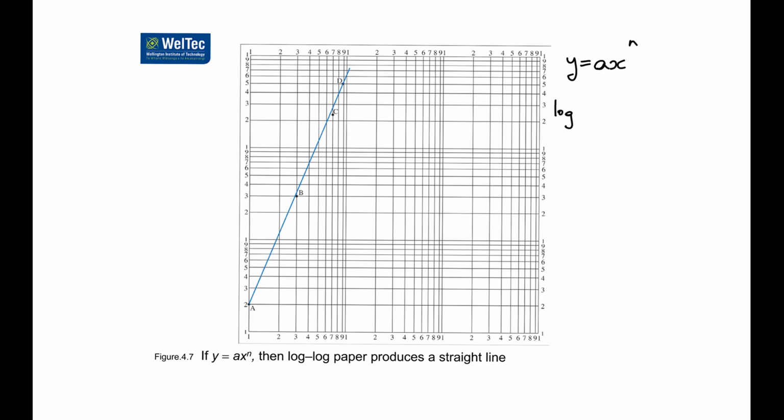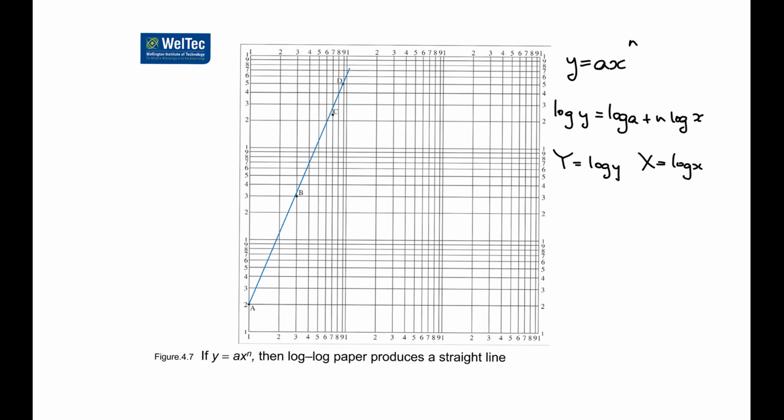So log y is equal to log a plus n log x. Now, if we're going to use log paper, then we can use capital Y equal to log y, and capital X equal to log x, just to make it a bit easier.